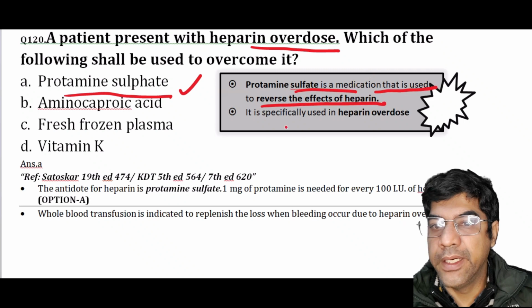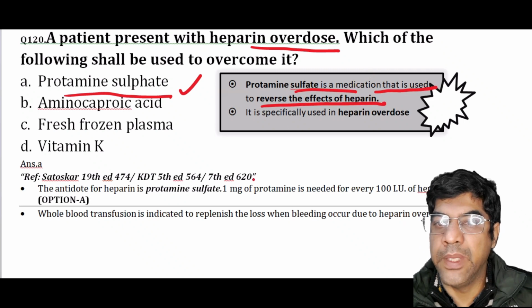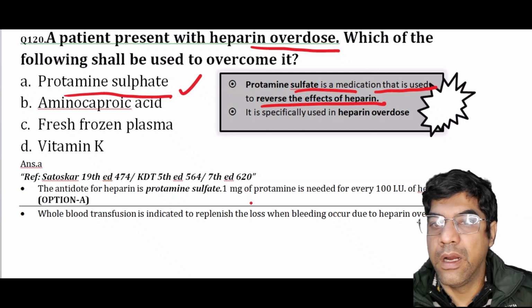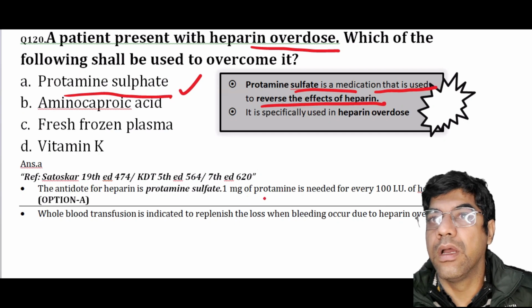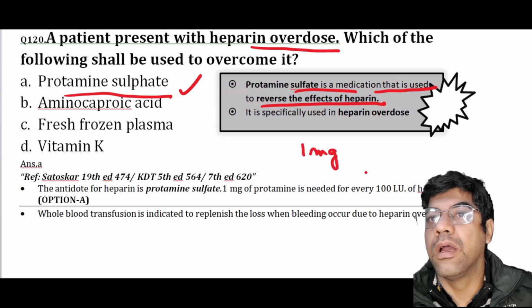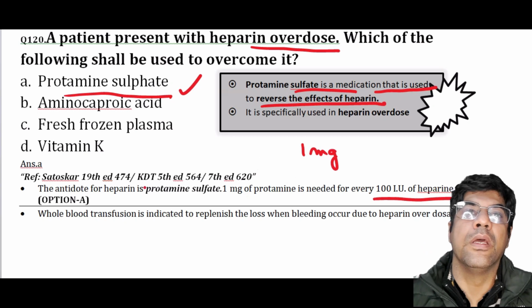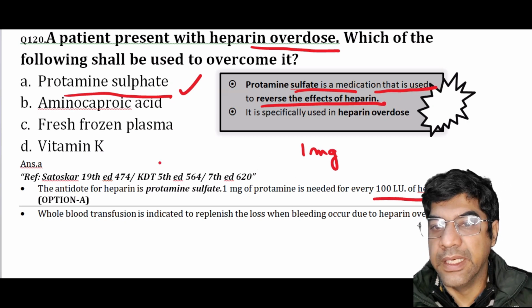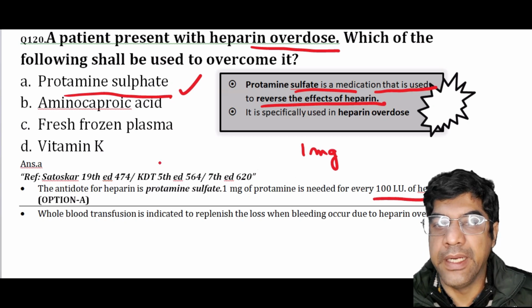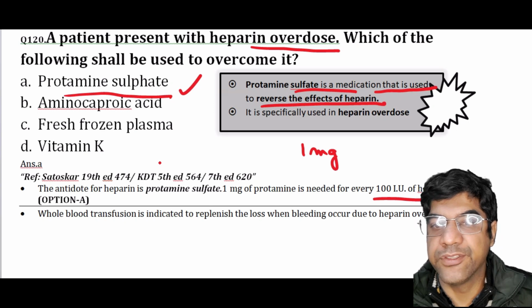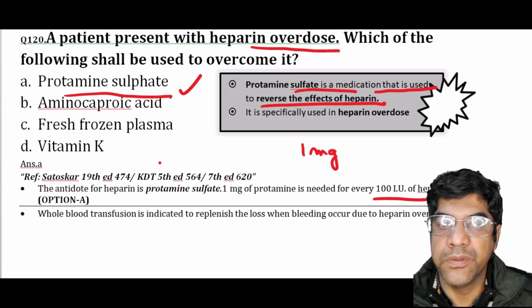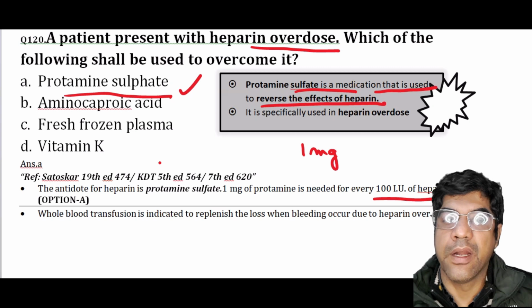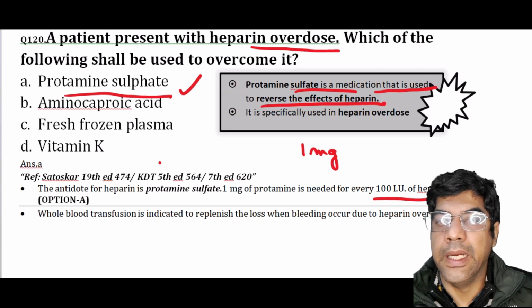The recommended dose for protamine is 1 milligram for every 100 units of heparin, to neutralize its anticoagulant effect. In case of bleeding due to heparin overdose, whole blood transfusion may also be indicated to replenish the loss.